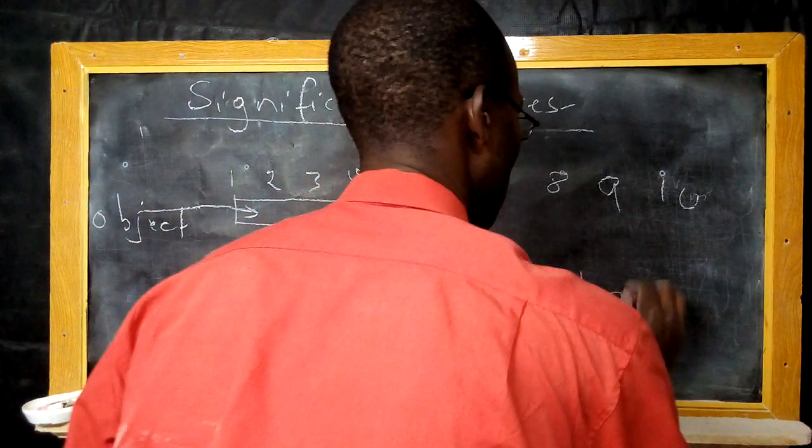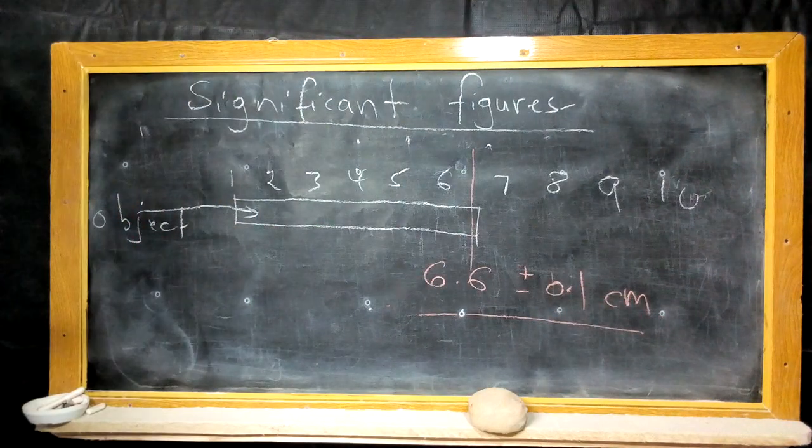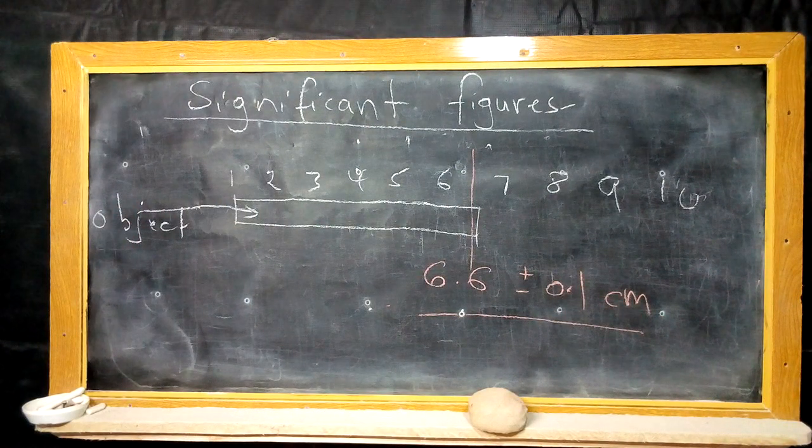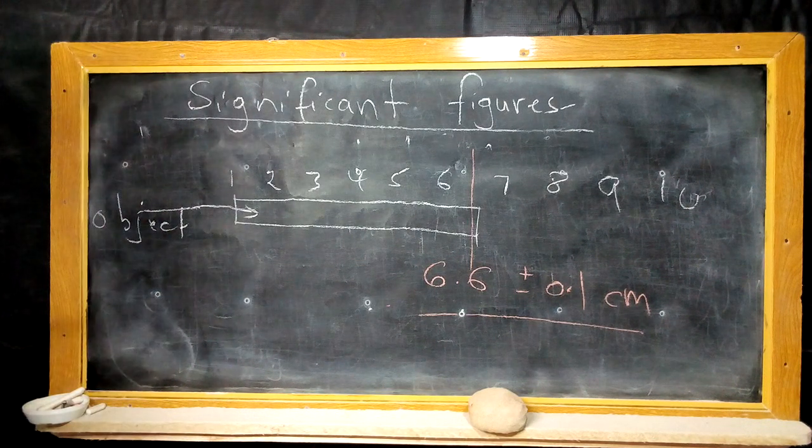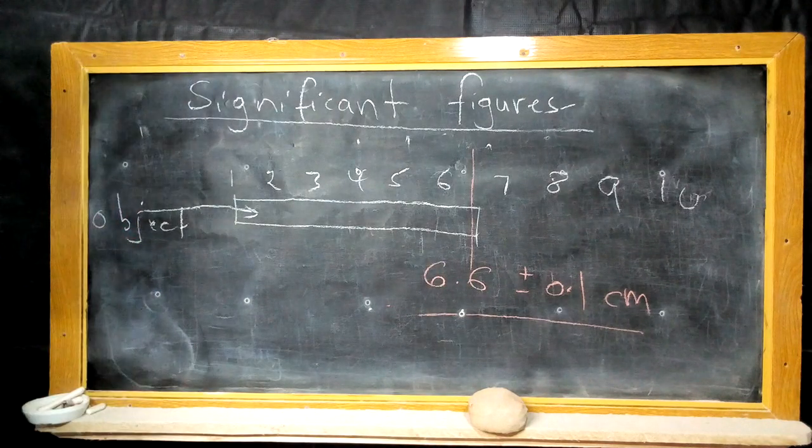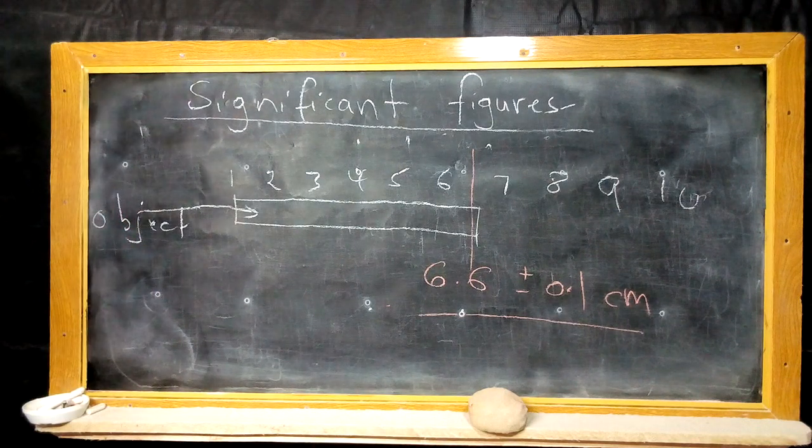So this is how we're going to indicate the reading, 6.6 plus or minus 0.1, in order to cater for that uncertainty or the second figure that we do not exactly know what it is. So by doing that, we have indicated the uncertainty of that scale, and we have indicated the recorded value as it is required. So that is the first example.